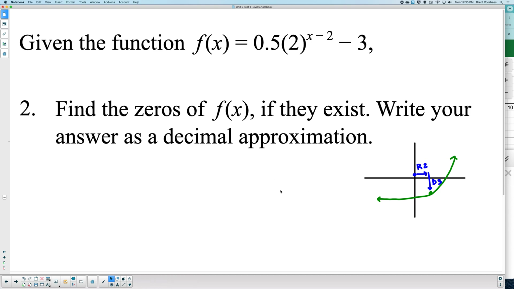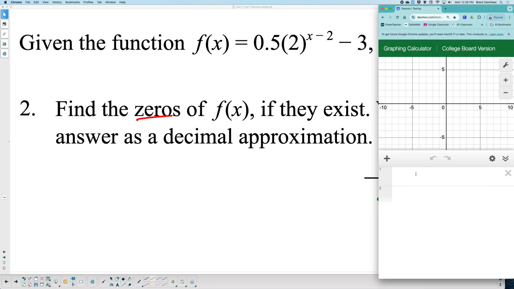Okay, does this have a 0? What does it mean to be a 0? X-intercept. Does this have an x-intercept? Yeah. Okay, we will have 1 zero. To find it, we would need the calculator, so open up your calculators. Let's graph it.